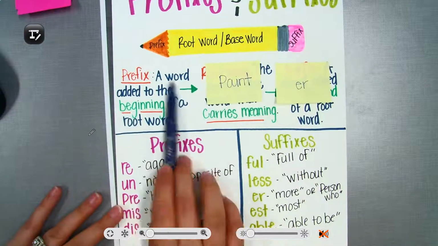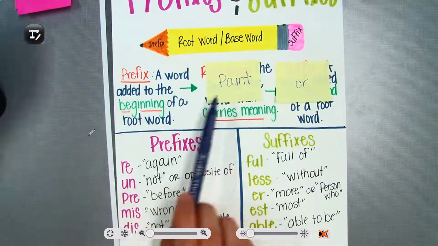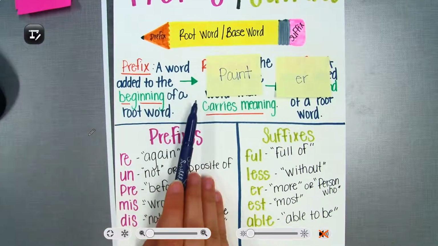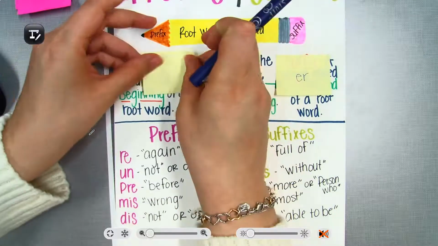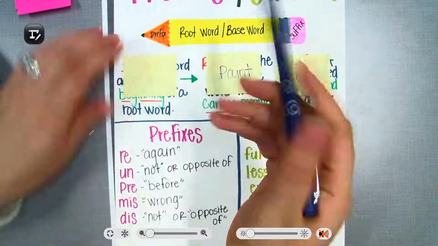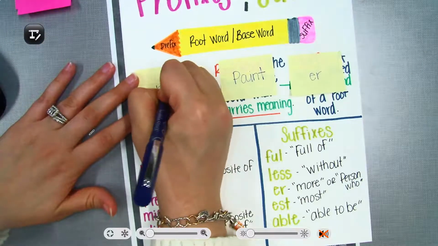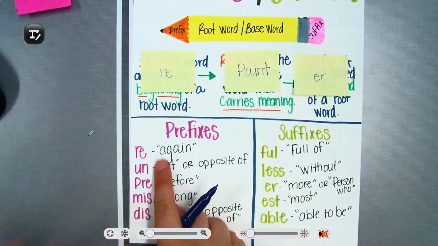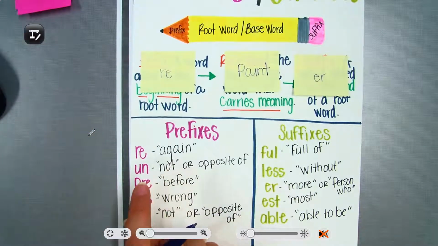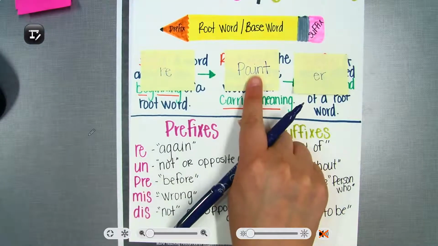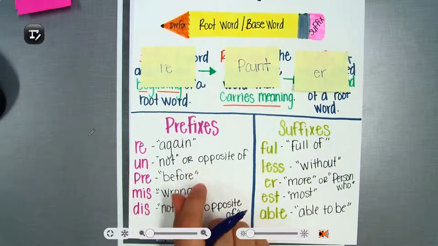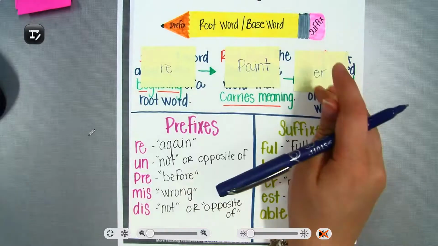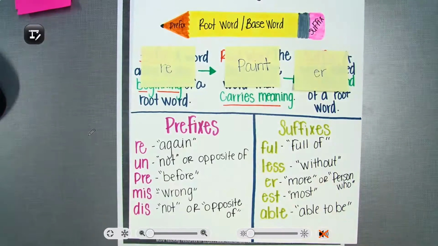Now, if I were to add a prefix, which is a word added to the beginning of a root word, so if I added the prefix re, and it said repaint, that means to paint again. So we add a prefix to the beginning of a root word to change its meaning, and then we add a suffix to the end of the root word to change its meaning also.